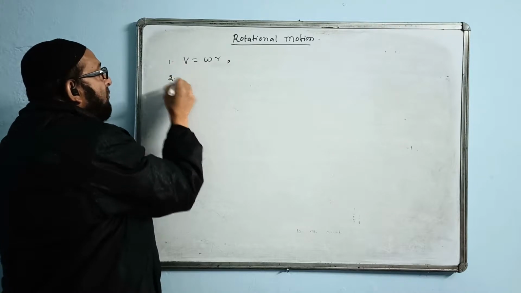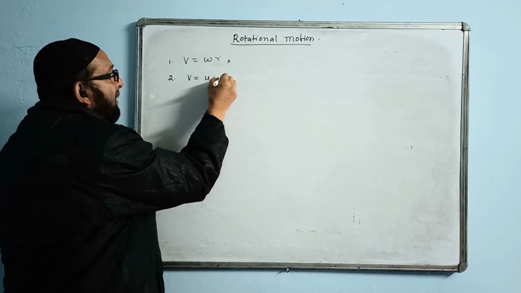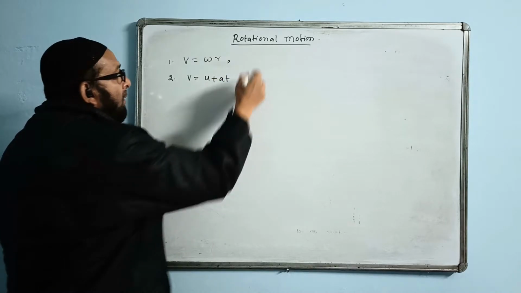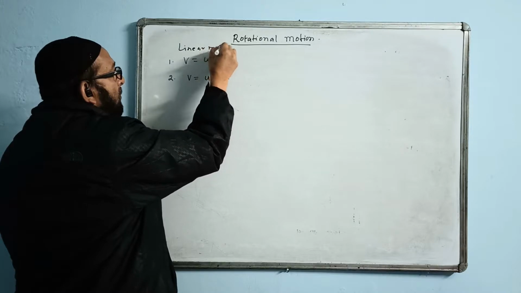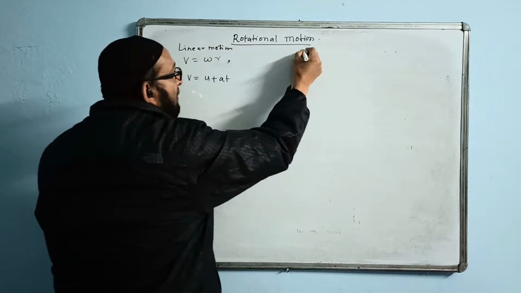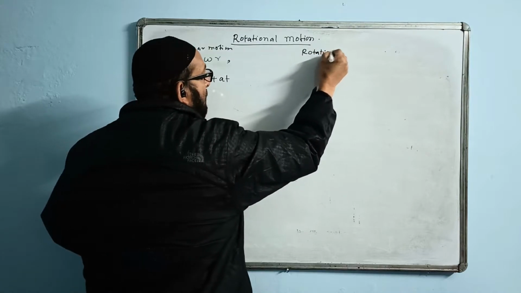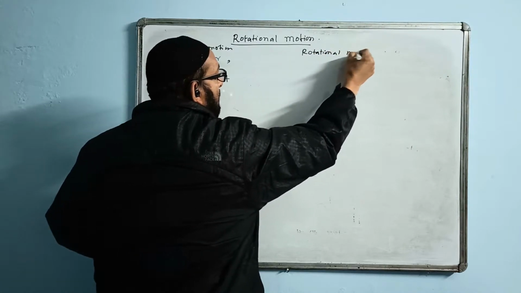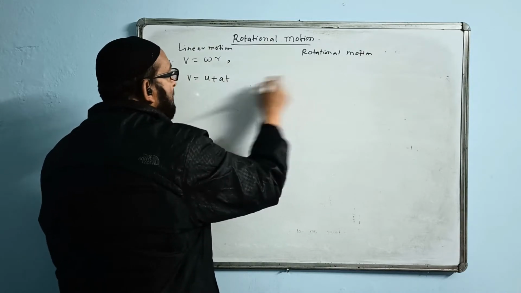First one, the second equation will be like this. We know the formula for linear motion, v is equal to u plus at. This side let us write linear motion and this side we will write rotational motion. This formula will change over here.